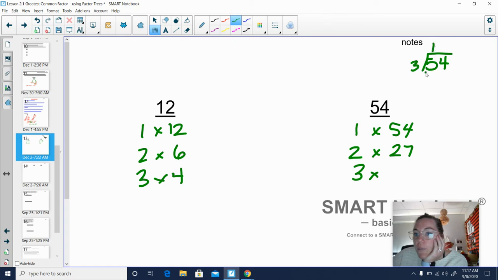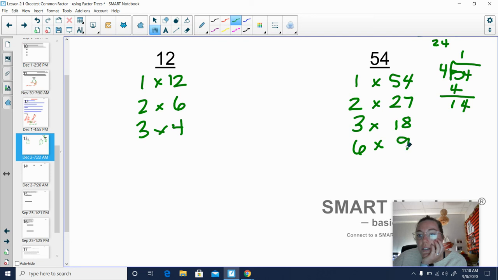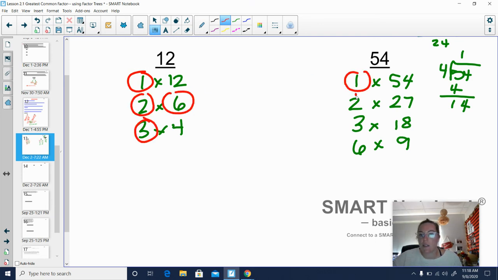Divided by 3 would be 1, 24, 3 times 8, so it'd be 18. 4, again, 54 divided by 4, it can't, so no. 5, it can't. 6 does go into it, 6 times 9. 7 and 8 can't. And then we can find our common factors, 1, 2, 3, and 6. And then 6 would be our GCF.